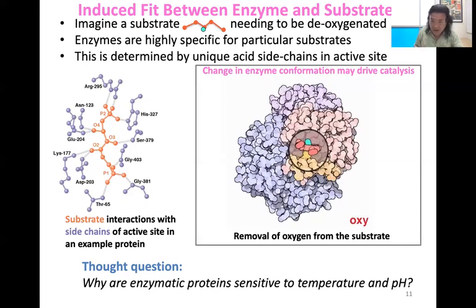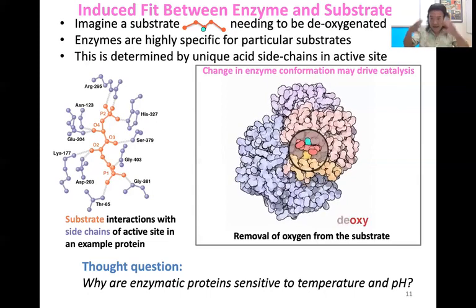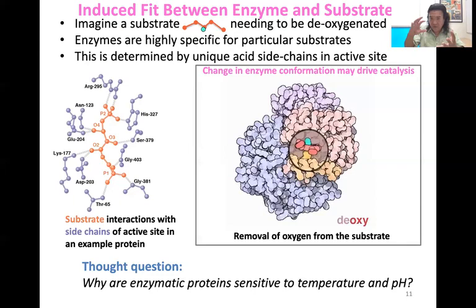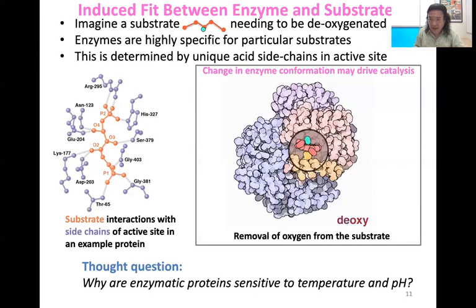So that goes all the way back to our discussion of using things like Taq polymerases in doing PCR, right? Because human DNA polymerases evolved to be the right shape at 37 degrees Celsius. They won't work at 80 degrees Celsius, because their shape is not going to be right anymore in order for them to do their enzymatic function.